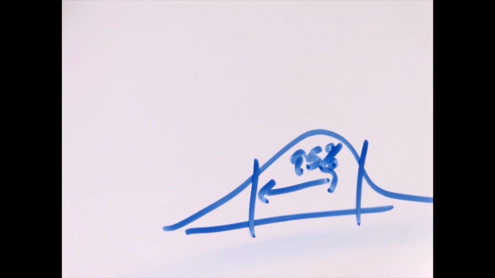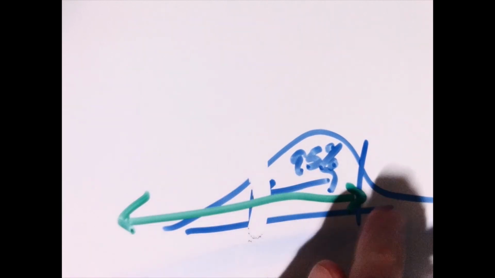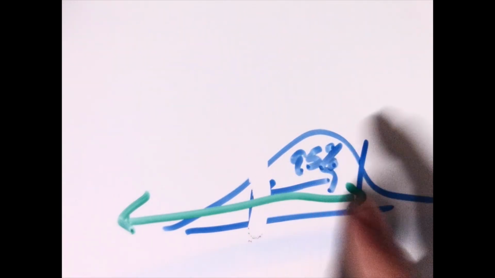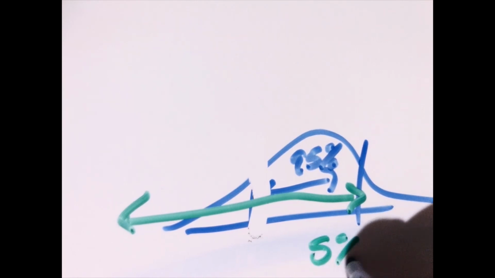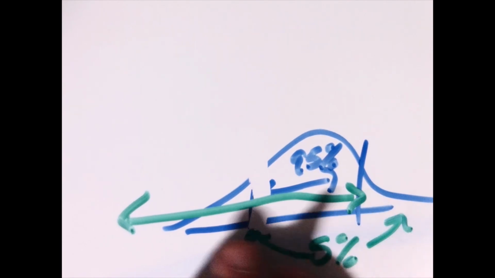Well, the TI-89, like many calculators before it, only does what's referred to as a left tail. So it actually wants to know the area not for the middle part, but for all of it. If this is 95%, notice you have 5% left over to split between the two tails. That's 2.5% for each tail.